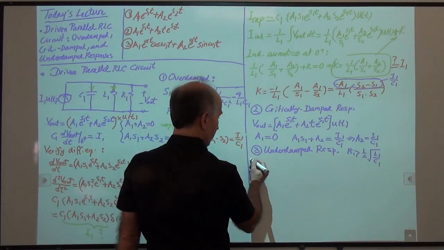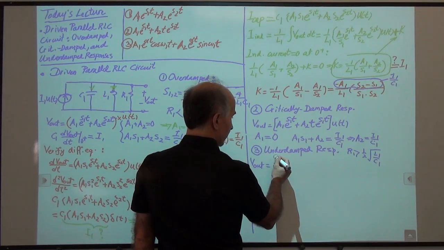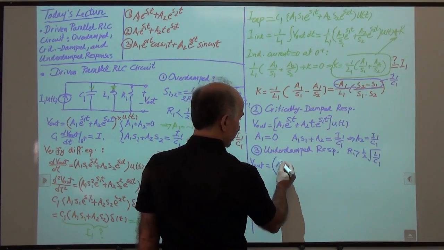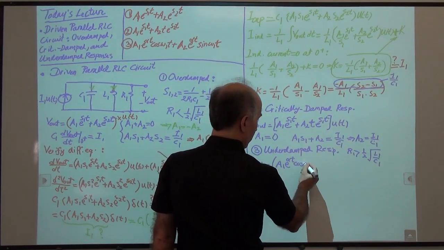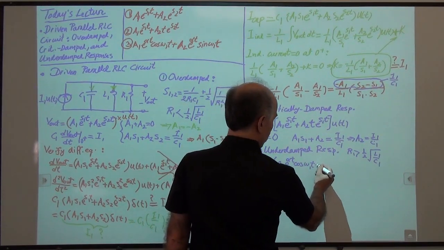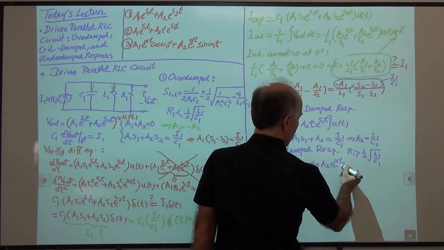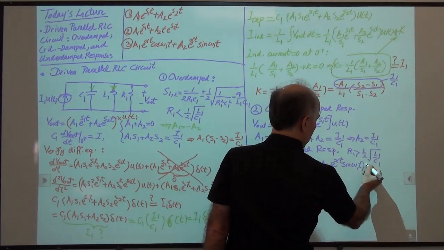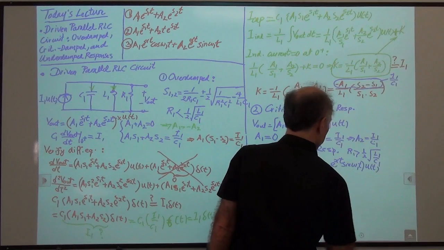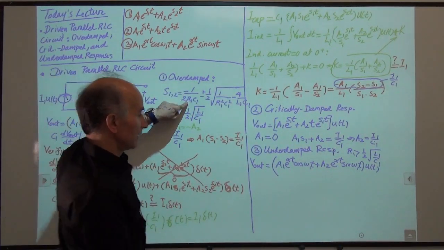So again, we write V out is equal to, we have a step, so I'm going to put these in parentheses, A1 e to the alpha t cosine of omega 1 t plus A2 e to the alpha t sine of omega 1 t, times u of t. And remember that alpha is this value here.